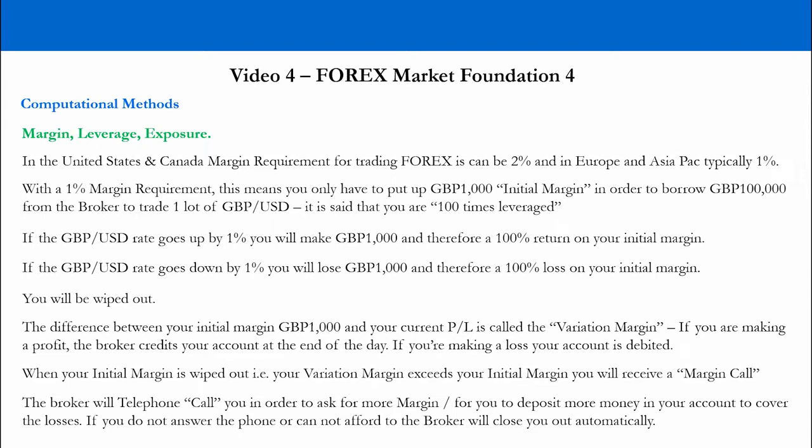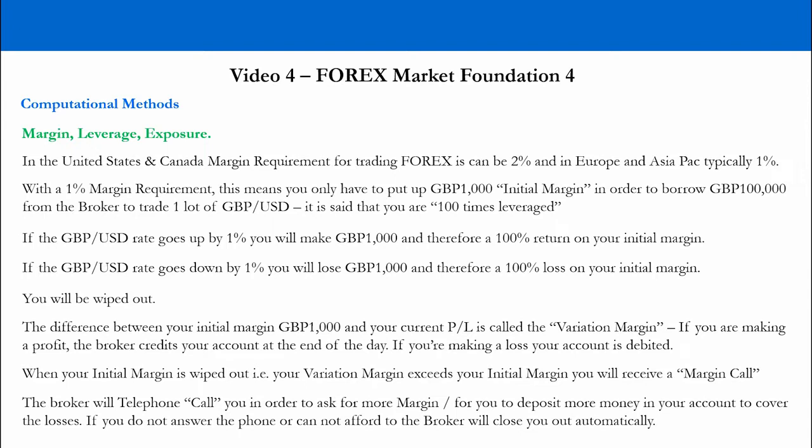And basically what you're doing is you've ended up becoming 100 times leveraged. So if the cable, sterling US dollar rate goes up by 1%, you're going to make £1,000 and you're going to make a 100% return on your initial margin.